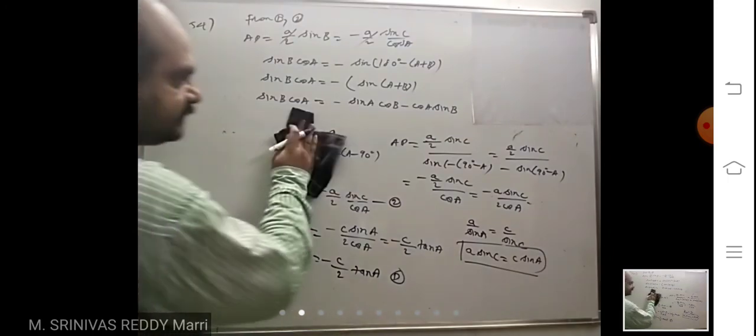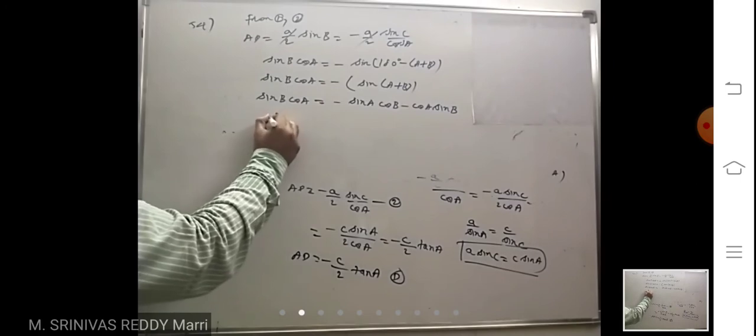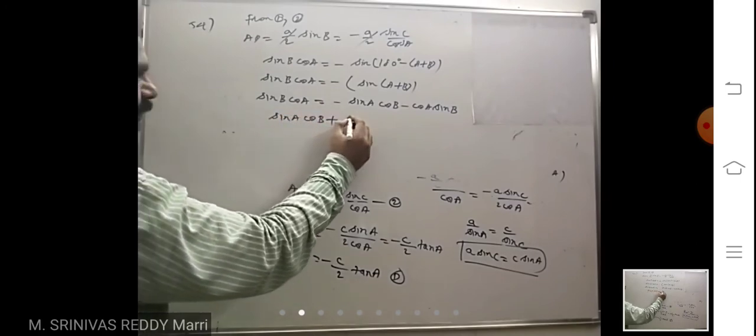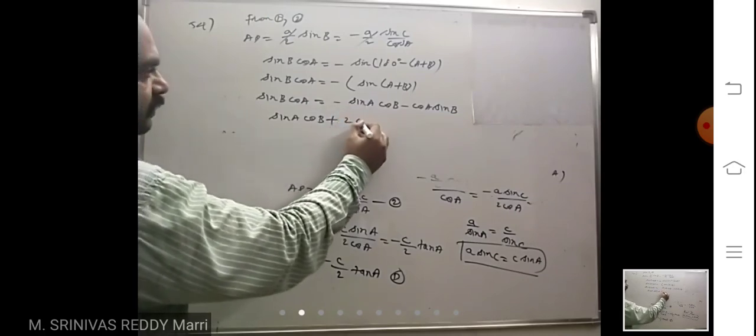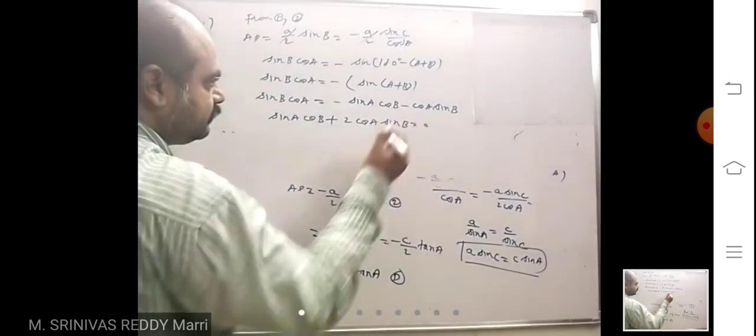Right? What is the relation you will get? Bring this side completely. Sin A cos B plus 2 cos A sin B equal to 0.